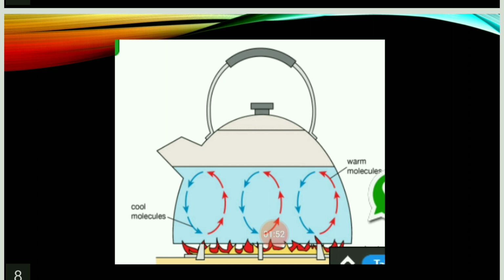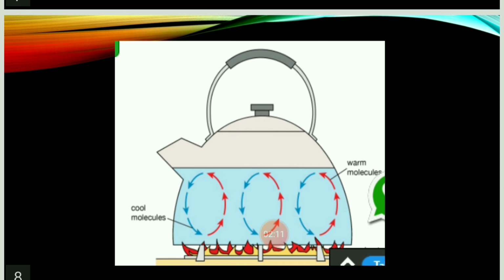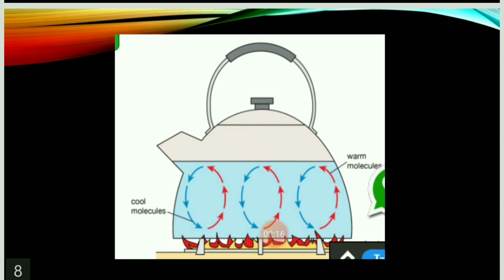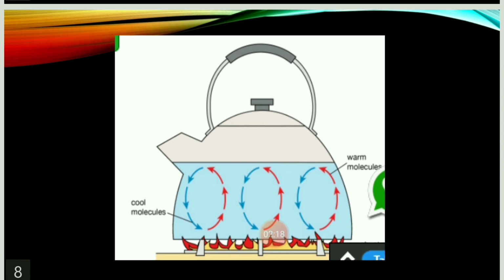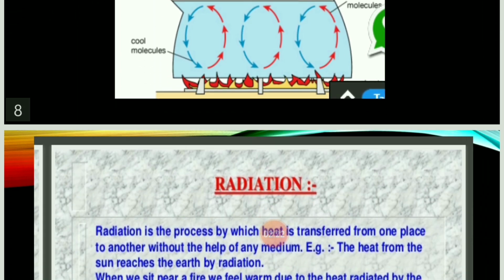The warm molecules are moving up, and the colder particles, which are heavier, take their place. This process continues until the whole liquid gets heated up. This is the process of convection. In this process, the actual movement of the molecules takes place. But in conduction, there is no movement of the molecules. They just transfer their energy to one another, right?